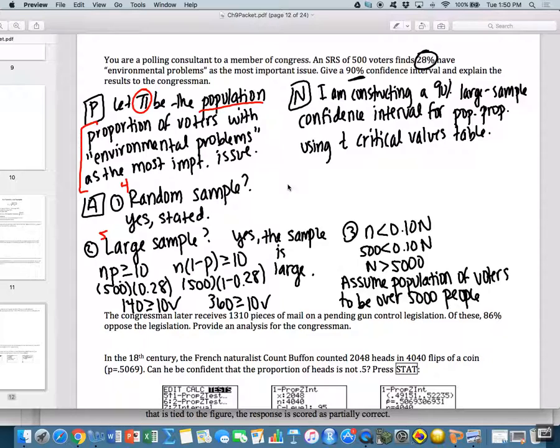Did you say that it was large, and then did you actually check it? So you said, then you checked. The 7th point is the 10% rule. The 8th point is the confidence level, so that 90%. The 9th point is this name. 10th point is for the table. And then you're going to get 8 more points for the rest of the problem.